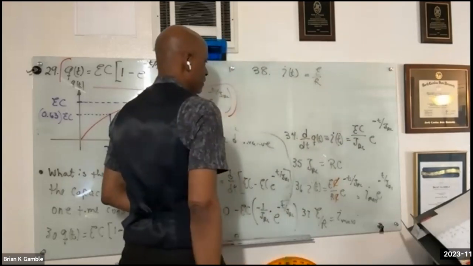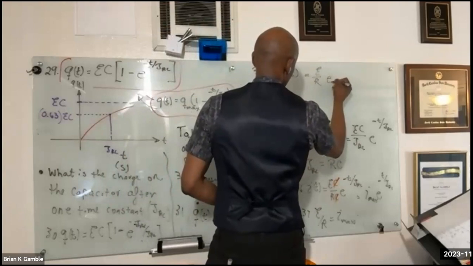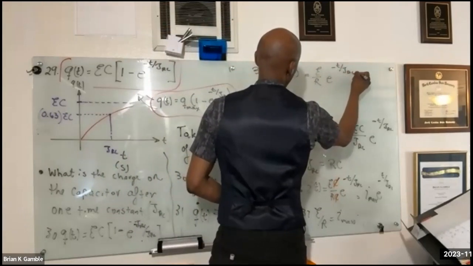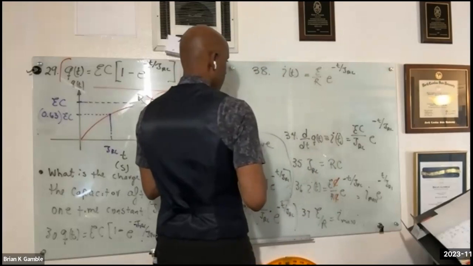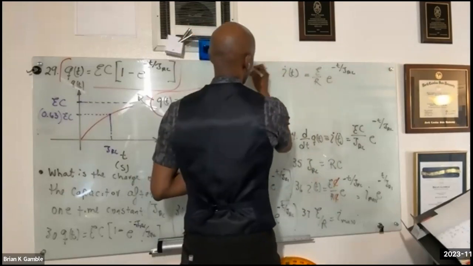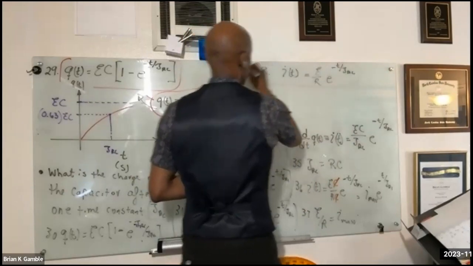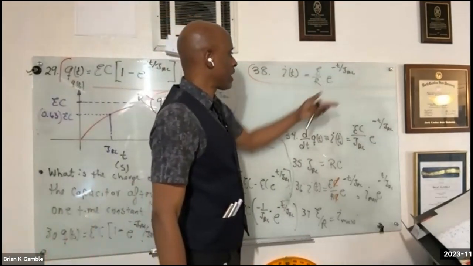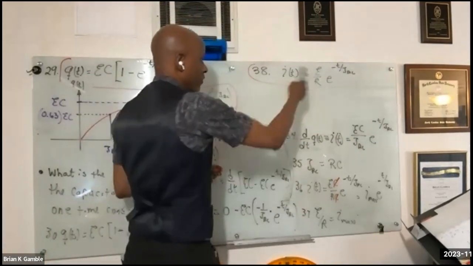I don't usually write I_max times e^(-t/tau_RC). And so at t equals 0, you can see that the maximum current is just E over R.